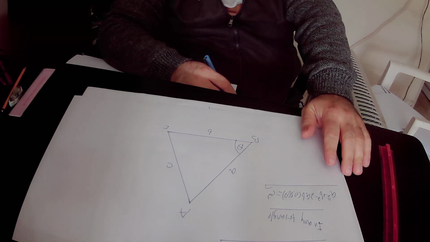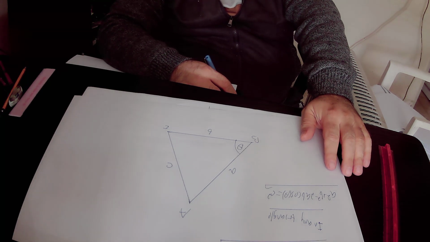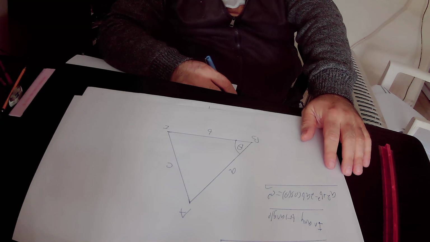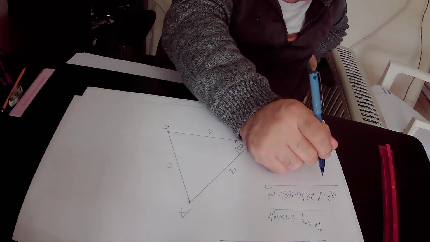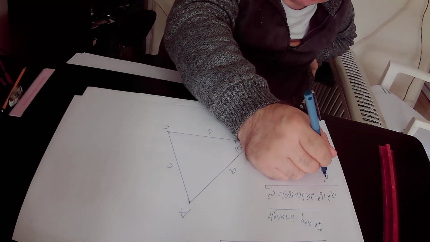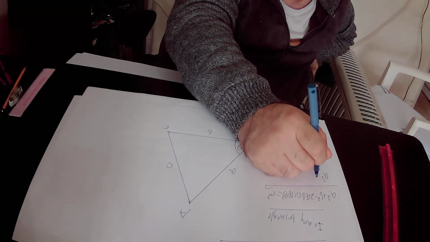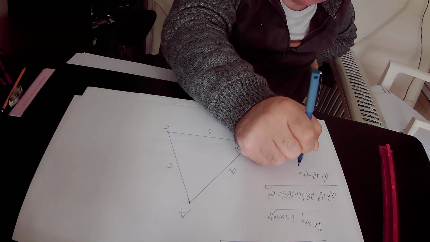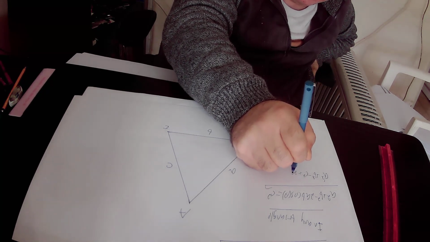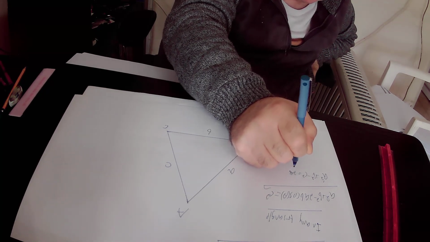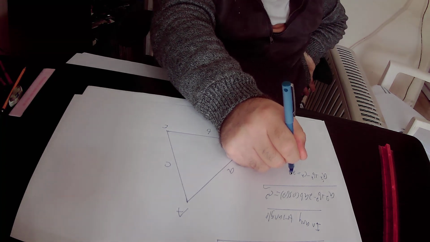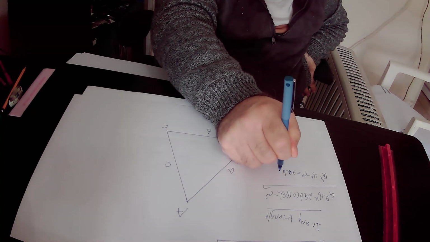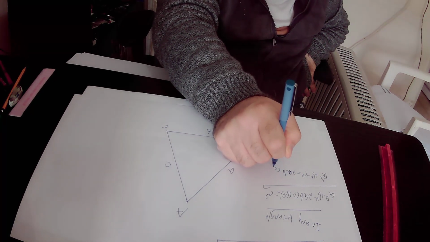Again, A squared plus B squared minus 2 times AB times cosine theta equals C squared. Here we will subtract C squared and also add 2 times AB cosine theta to this equation, and we'll get that A squared plus B squared minus C squared equals 2 times AB times cosine theta.